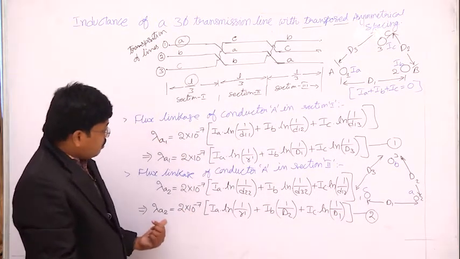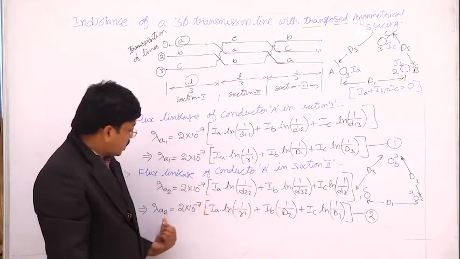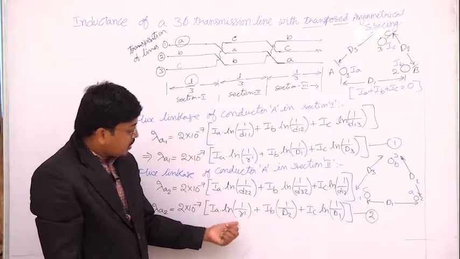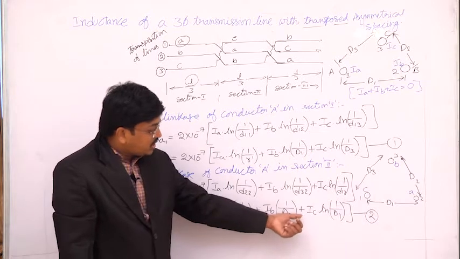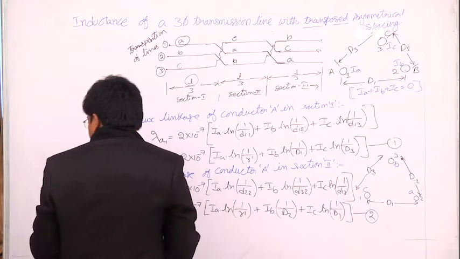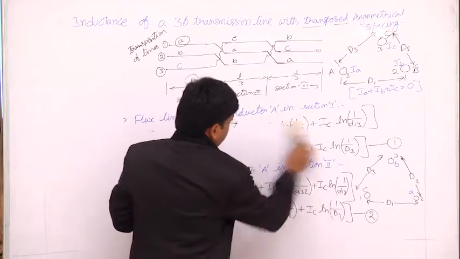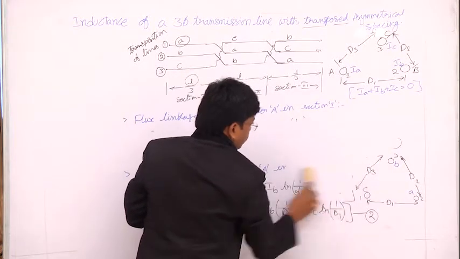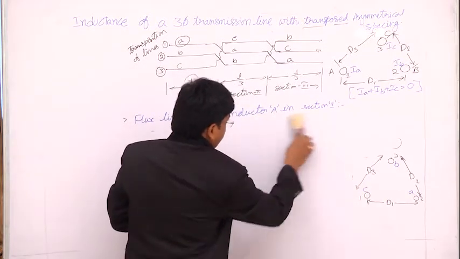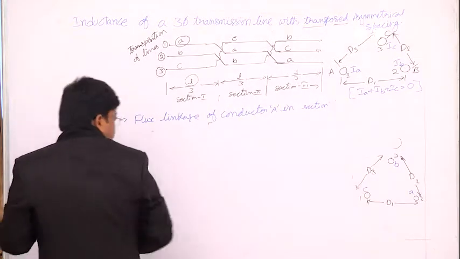This is the flux linkage of conductor A in section 2. It is given as lambda A2 equivalent to 2 into 10 power minus 7 into IA logarithm of 1 by R dash plus IB 1 by D2 plus IC into logarithm of 1 by D1. Now we can calculate similarly the flux linkage of conductor A in section 3.